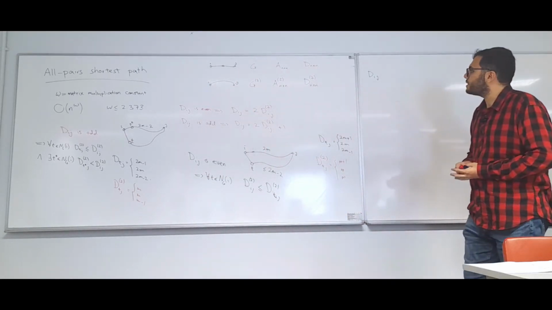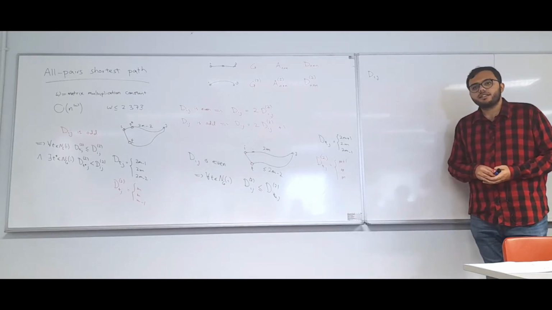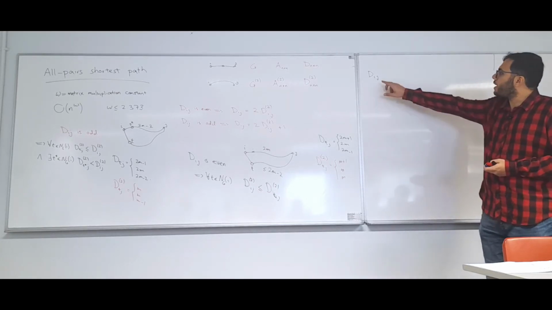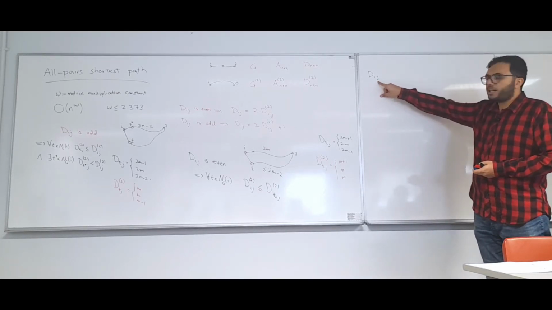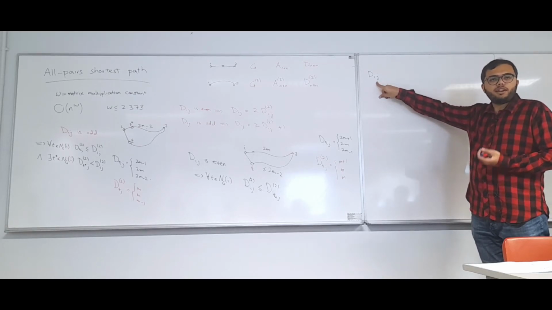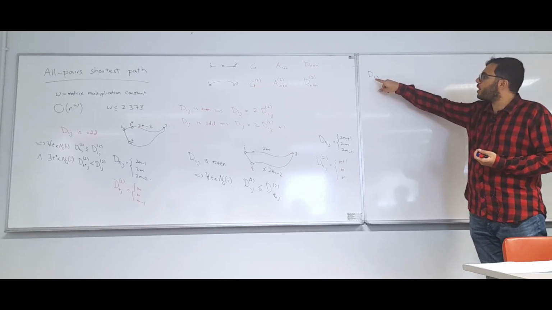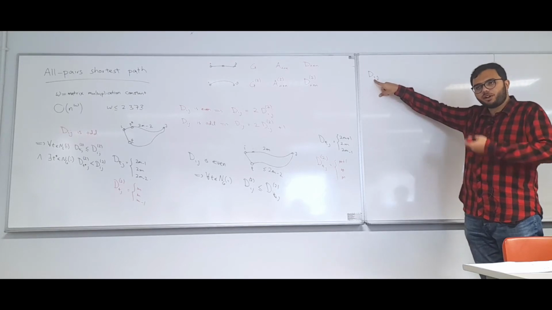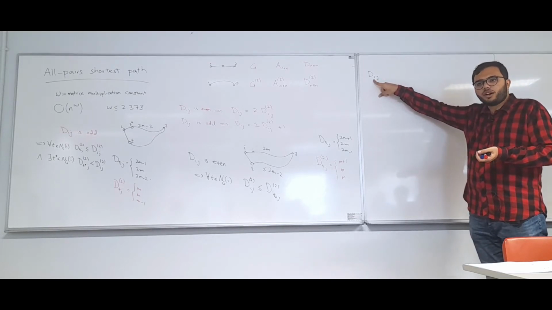And that's not great. Because you see, I want to compute Dij. There are n squared different values that I want to compute. And for each one of them, I'm going over all the neighbors of I, which can be up to n. So I'm spending n cubed time again.